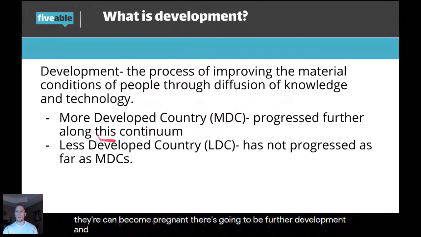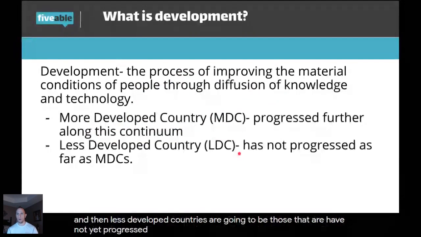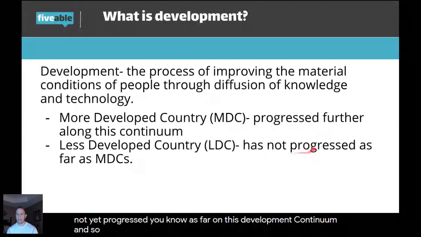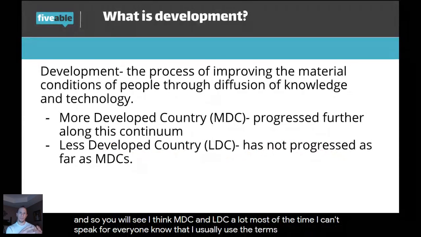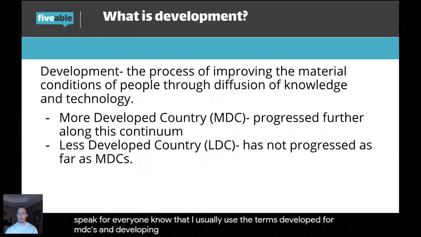And then less developed countries are going to be those that have not yet progressed as far on this development continuum. And so you'll see, I think, MDC and LDC a lot. Most of the time, I can't speak for everyone, I know that I usually use the terms developed for MDCs and developing for LDCs.